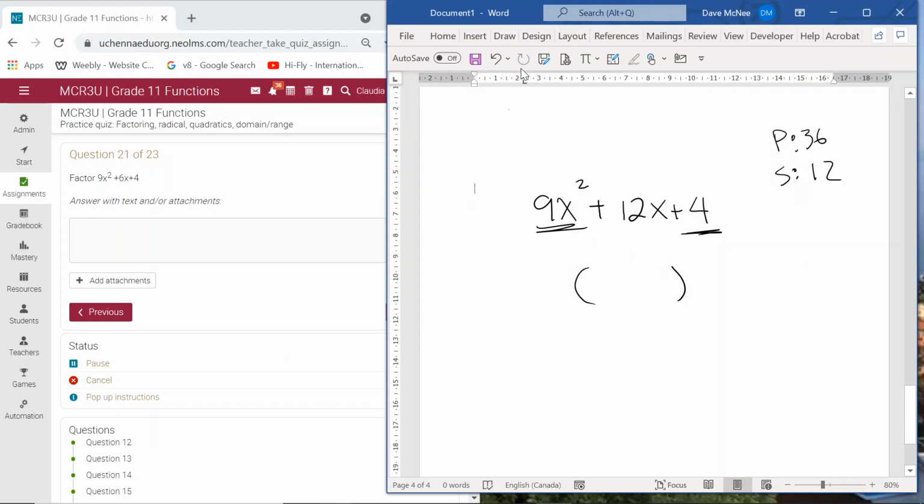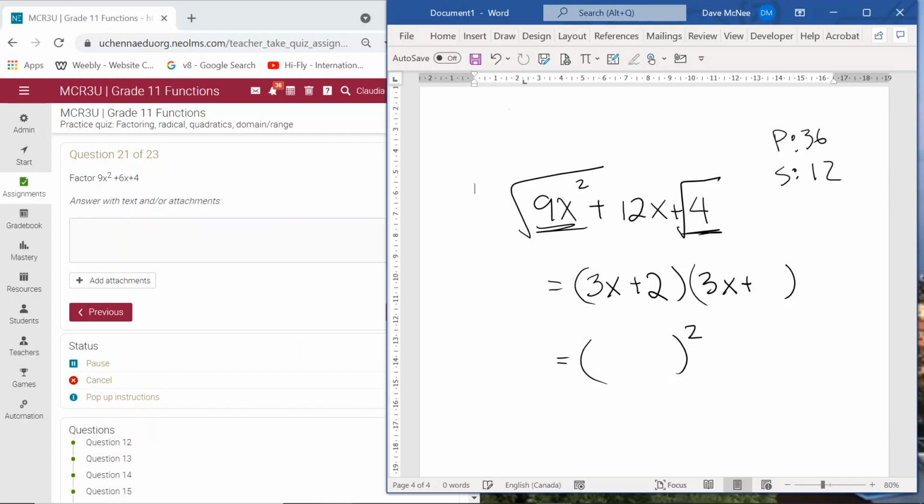So this is my case of a perfect square trinomial, meaning I can write it as something times itself, or something to the exponent 2. And what is that something? Easy if you recognize it. It's the square root of the first term, which in this case would be 3x, and the square root of the last term, which in this case is 2. So it's really 3x plus 2 times itself.